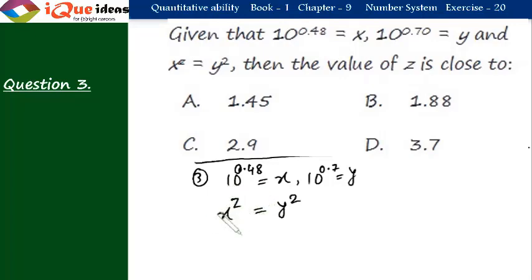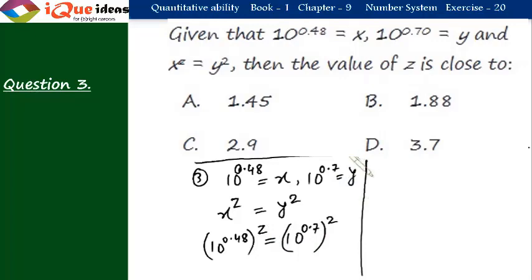Now in place of x, put 10 raised to the power 0.48, whole to the power z. In place of y, put (10 raised to the power 0.7) whole to the power 2. Now in such cases the powers get multiplied, so we will have 10 raised to the power 0.48 into z is equal to 10 raised to the power 0.7 into 2.